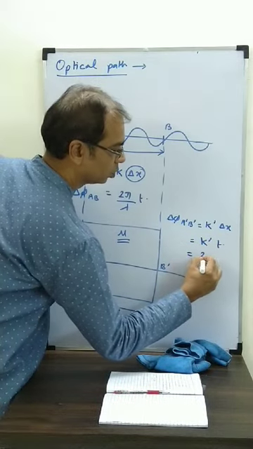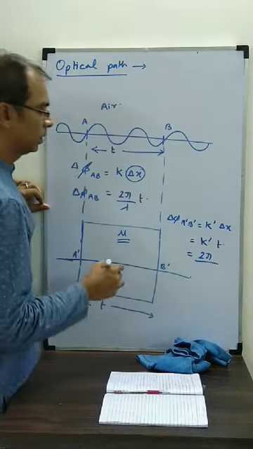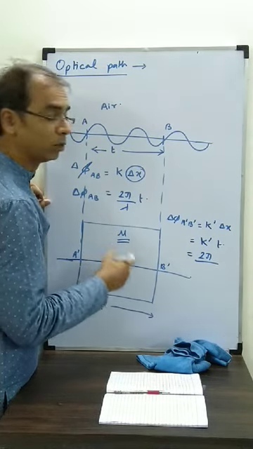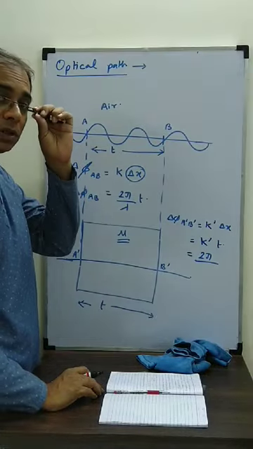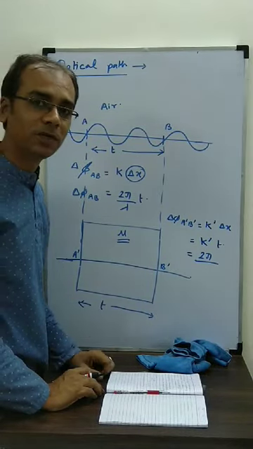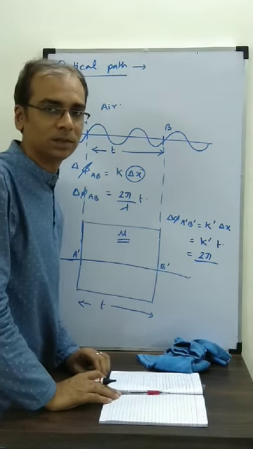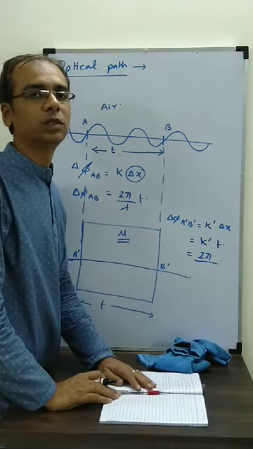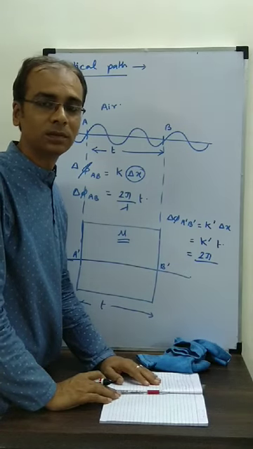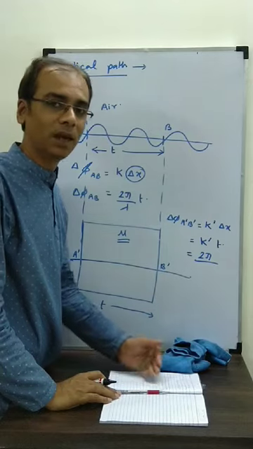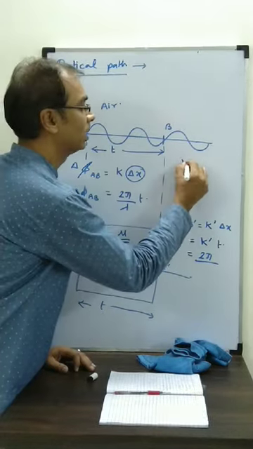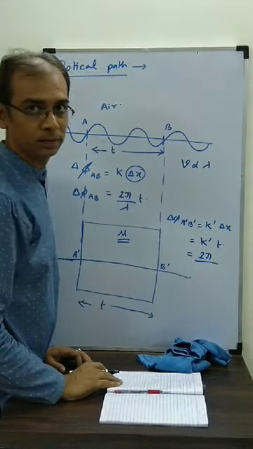But what is this k dash? K dash is 2 pi by, will we write lambda or something else? When a wave or a ray goes into a different medium, what happens to the wavelength, or what happens to the speed of light? The speed of light decreases when light moves into the denser medium, right? Frequency remains the same, so the wavelength also has to decrease, because speed is directly proportional to wavelength.